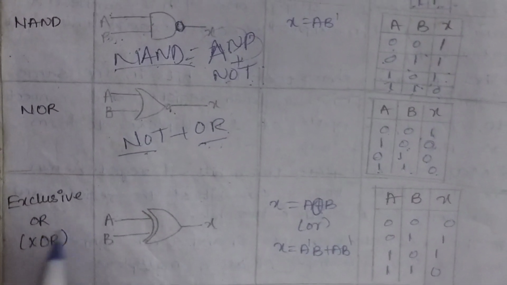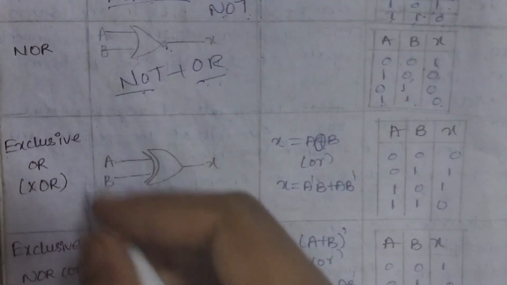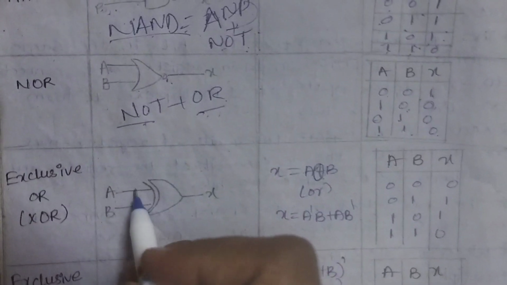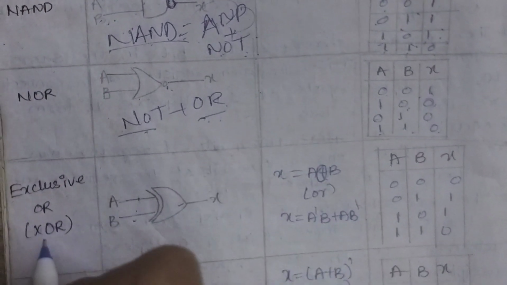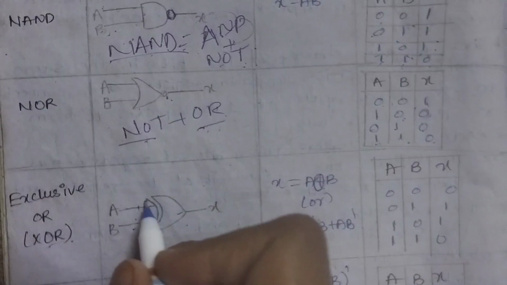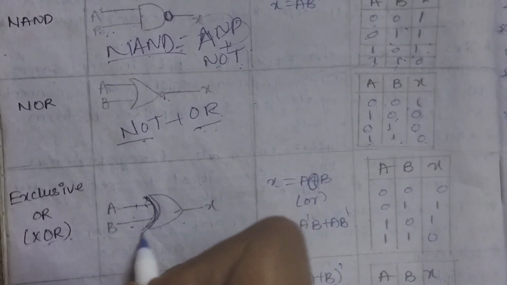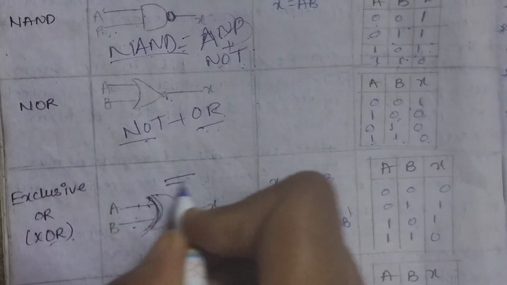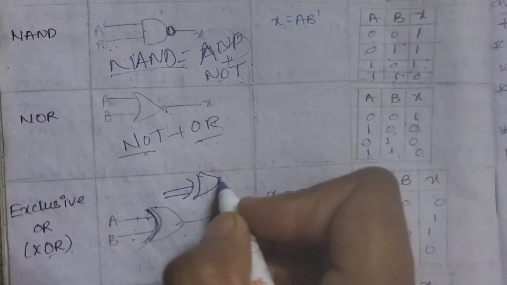Coming to exclusive OR and exclusive NOR, these are exclusive gates. When we give two input values, the symbol is similar to the OR gate, but an extra curve symbol is added. After that, taking two inputs, this is a representation of XOR.